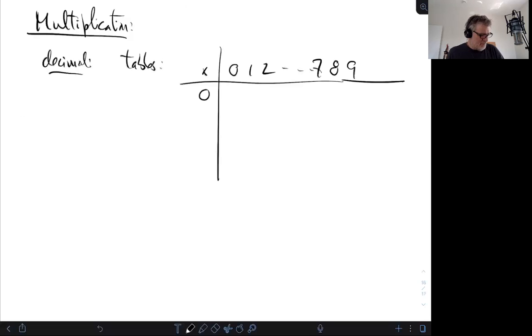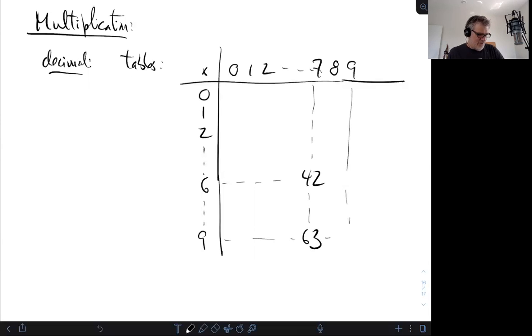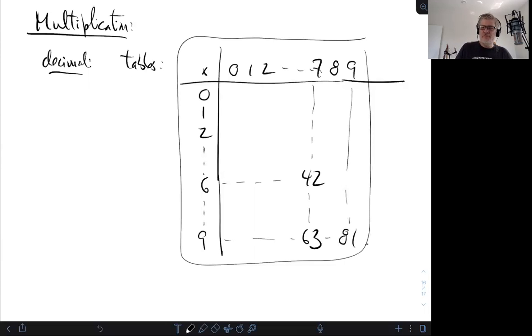So 6 times 7 is 42, and all those things. 7 times 9, it's 63. 9 times 9 is 81, right? So we had to learn all these multiplications. If you want to multiply numbers, you need to know how to multiply digits. So this 10 by 10 table, I mean, some stuff is easy in there.